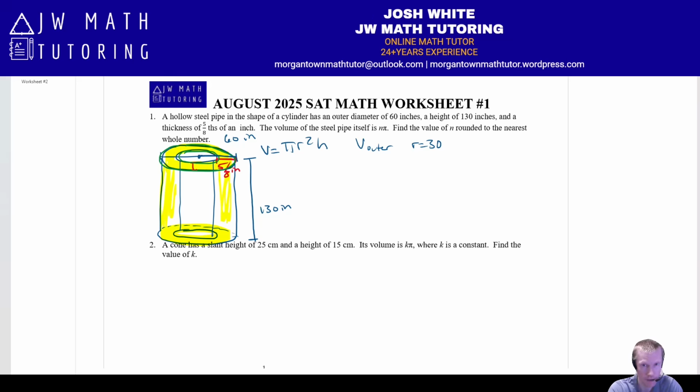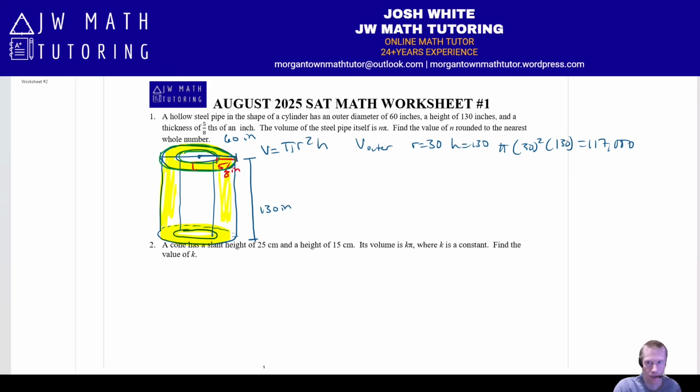We want half that. So we know the radius is 30. We know the height is 130. And so now we can just plug everything in. Pi times 30 squared times 130. So let me just look at my notes here. It should be 117,000. I mean, I'll go to Desmos just to confirm these various calculations.